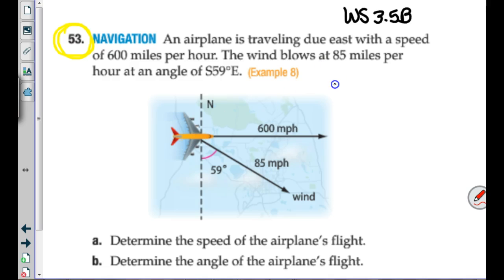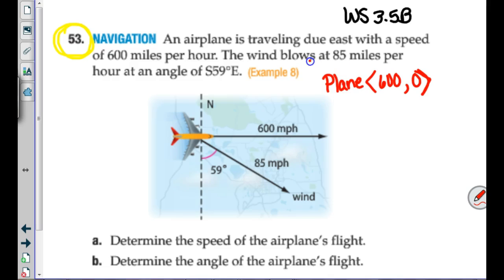Anybody help me figure out the vector for the plane? The components? Yep, 600 cosine of 0, 600 sine of 0, which is just going to be 600, 0.